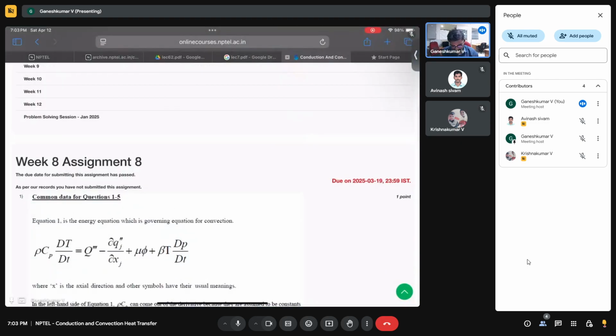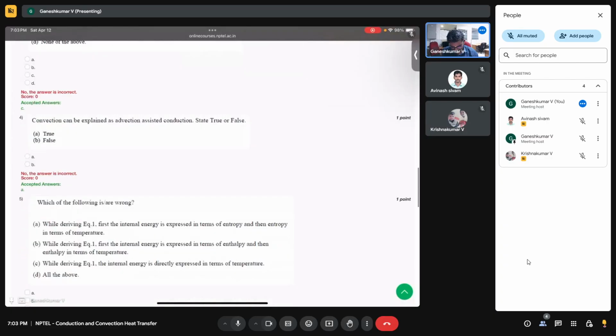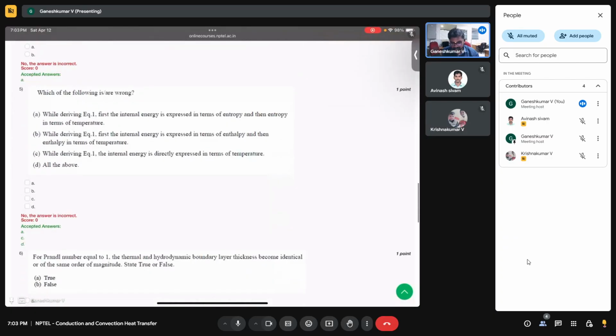For example, this question number 5, the answers are actually right. Similarly, even in week 8, the answers are right. I will explain. However, the pressure thing will be mostly rectified soon. So that is wrong.